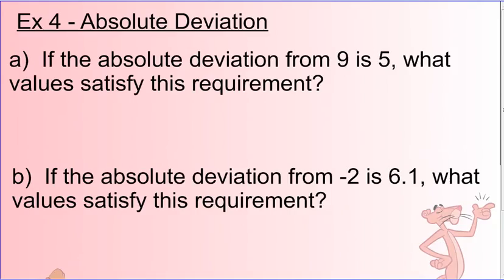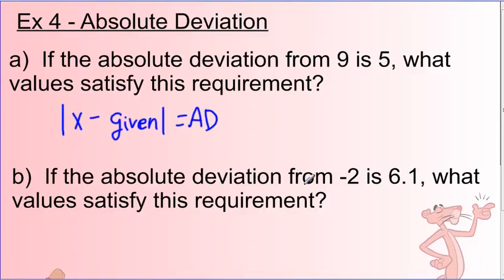Now, absolute deviation. This was that one vocab word we had that I said seems really complicated. I mean, the equation says the absolute value of x minus a given value is the absolute deviation. It seems really complicated, but it's really not. So look at the problem.